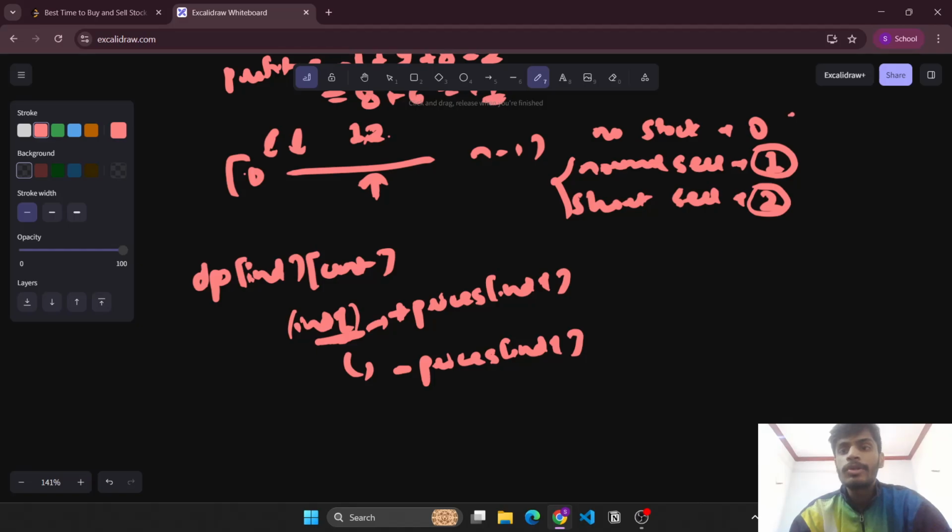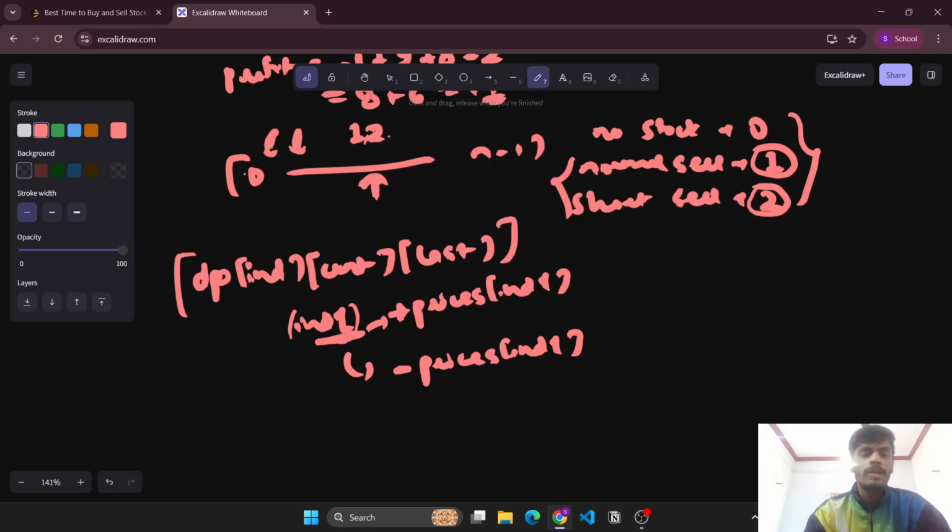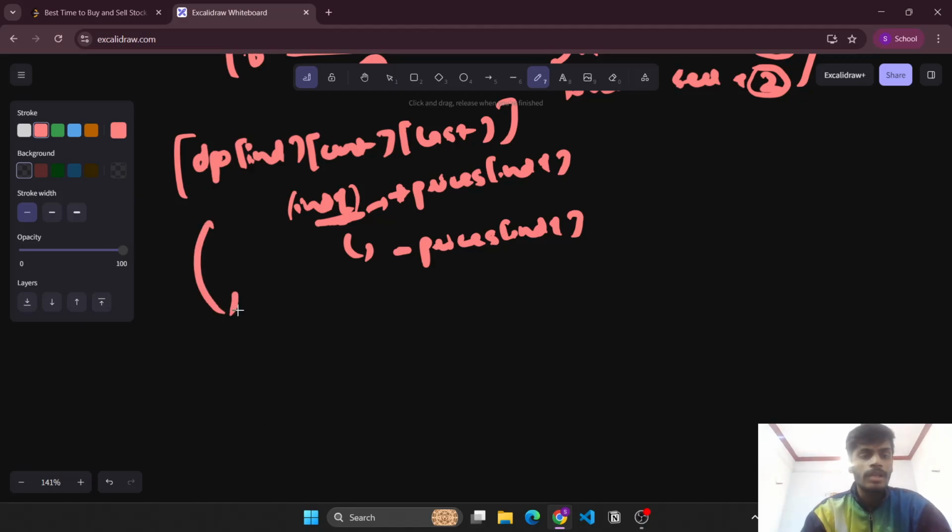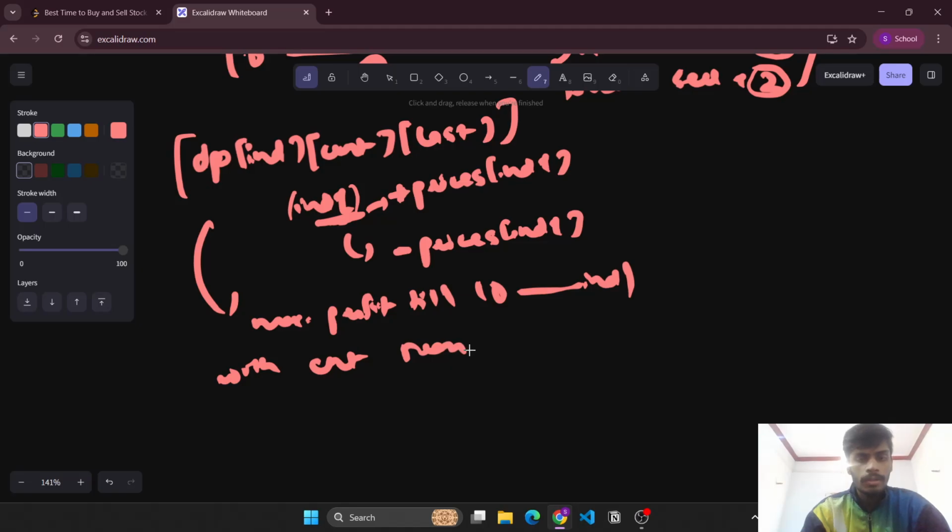So there are three possible states that we can have when we reach a particular index. This is the DP, and I hope it is clear that it stores the maximum profit till index, with count transactions performed, with last denoting what?